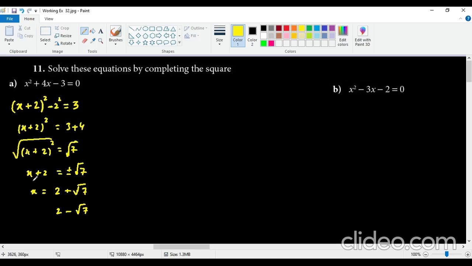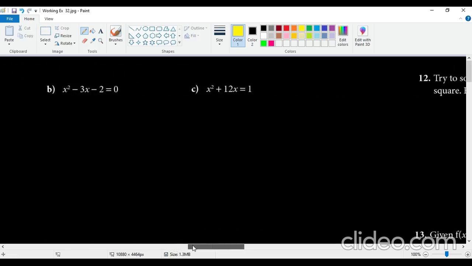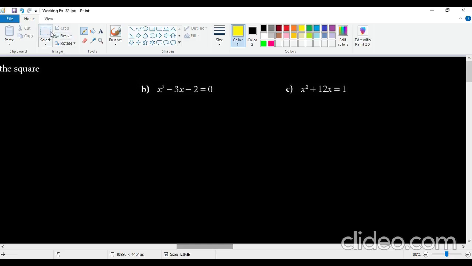values for this question. When it comes to part B, in here the same thing is going to happen. I am going to solve using completing the square. As soon as you write this question minus 3x, take this onto the other side and change the sign. This is the first step.